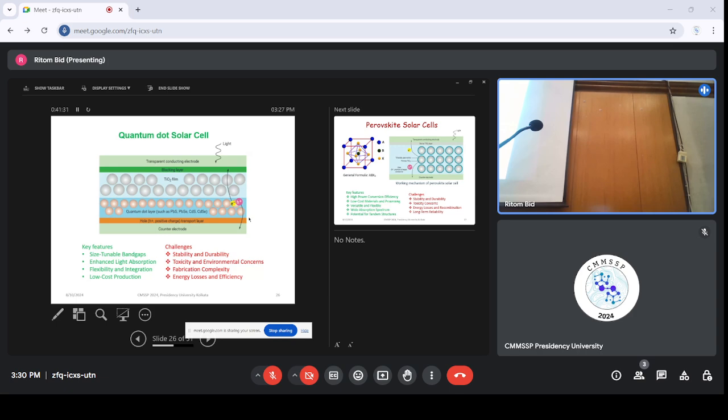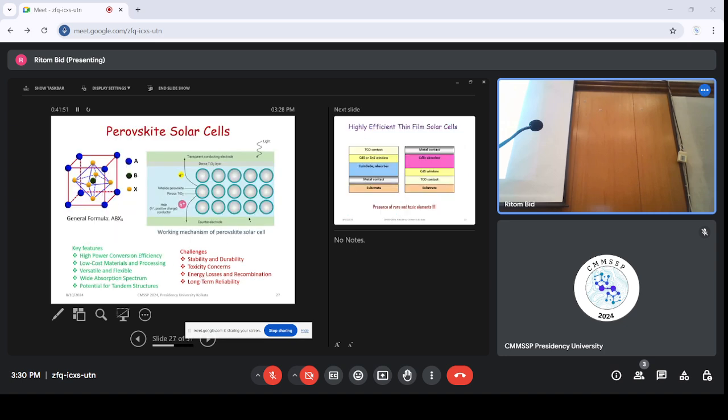Light absorption is very high here, and low cost production is possible, but again efficiency is a concern. You can see the quantum dots are lead sulfide, cadmium sulfide, and all those things, so environmental toxicity concerns are there.